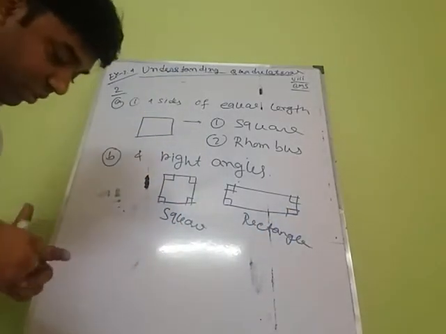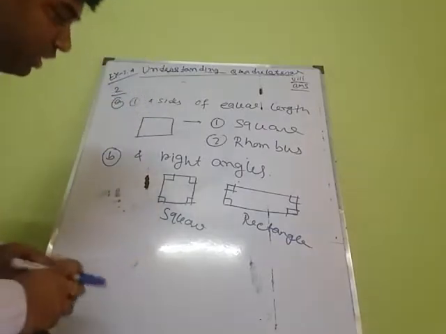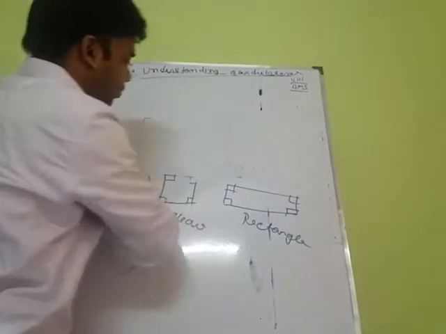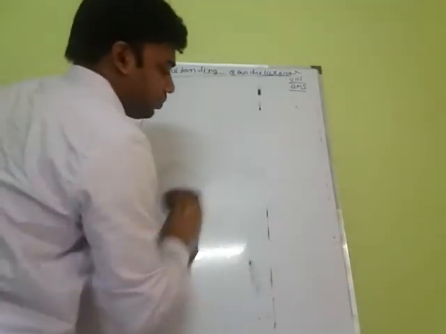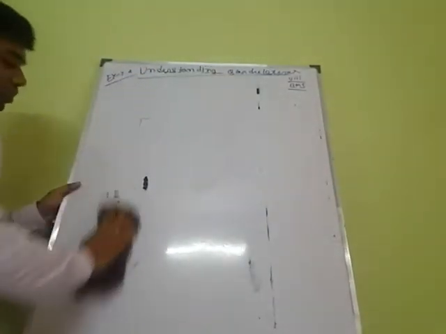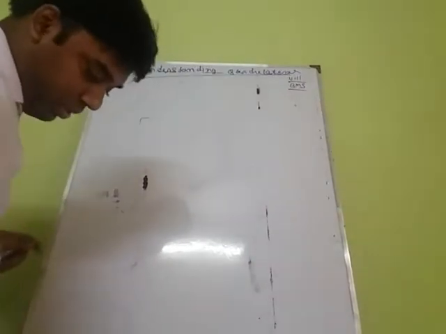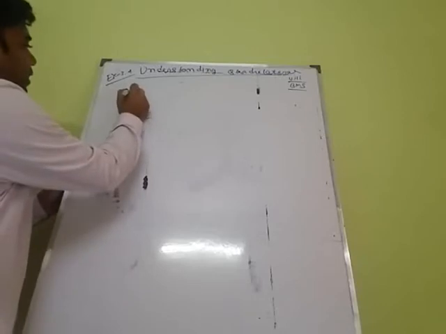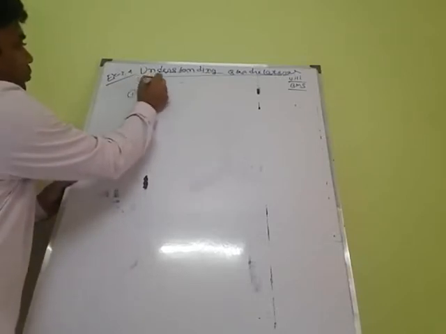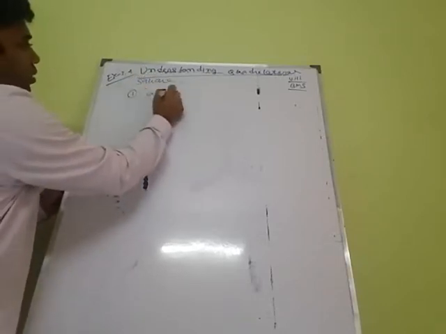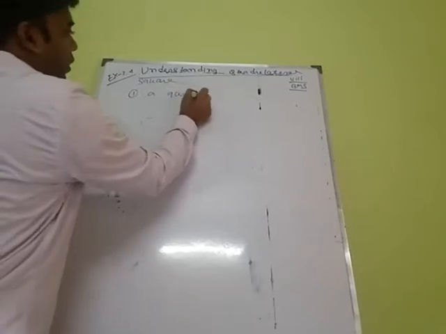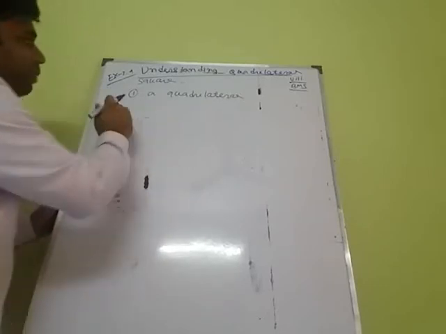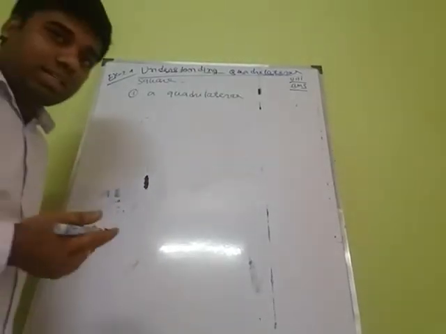Now question number 3. Explain how a square is a quadrilateral.